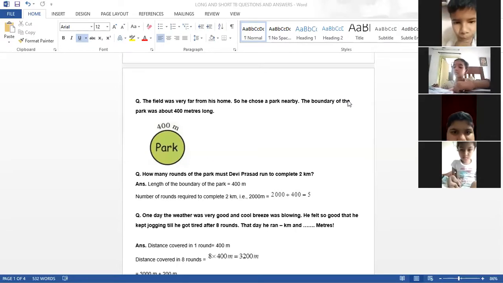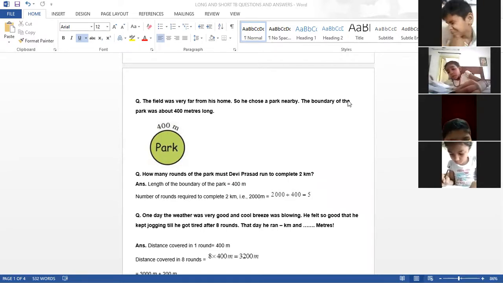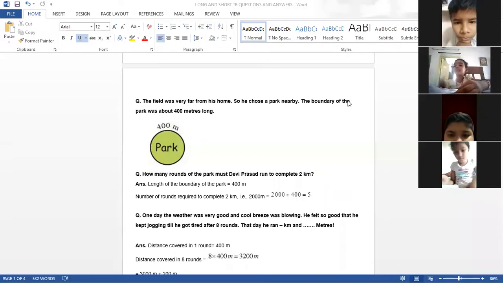If we complete one round, it will be 400 meters, since the boundary of the park is 400 meters. So the number of rounds he has to run is 2000 divided by 400.